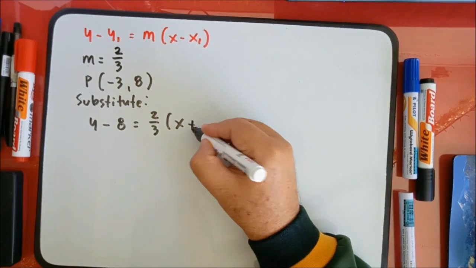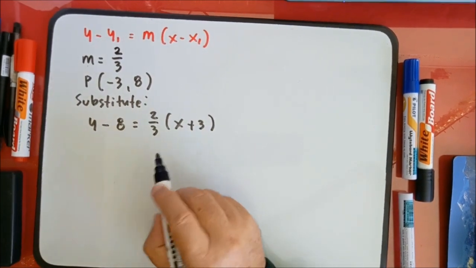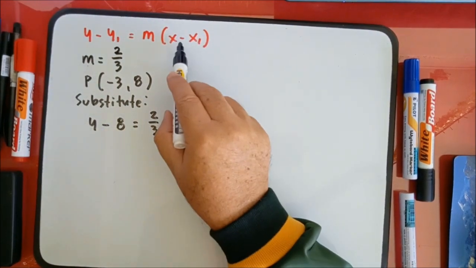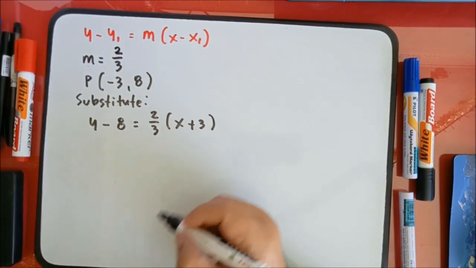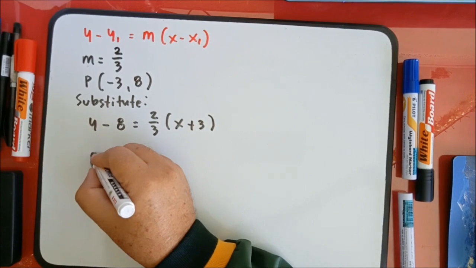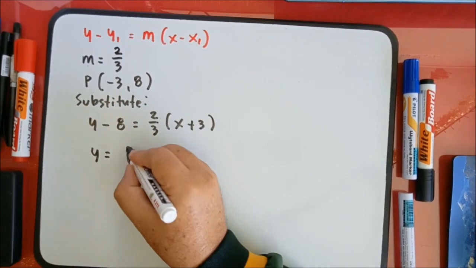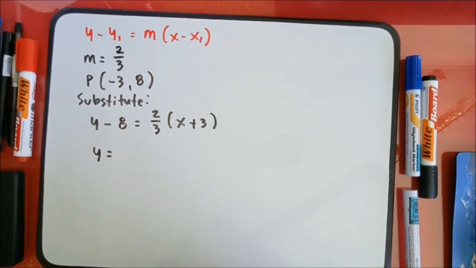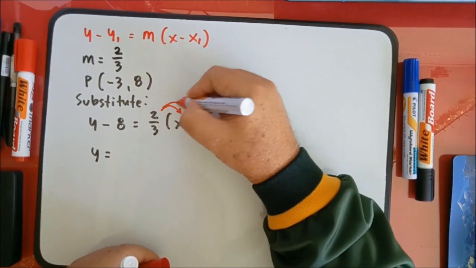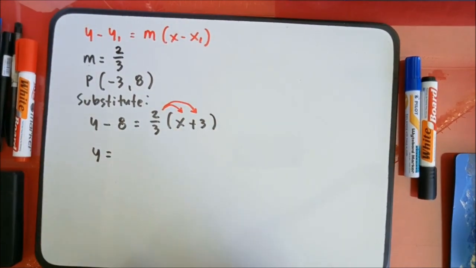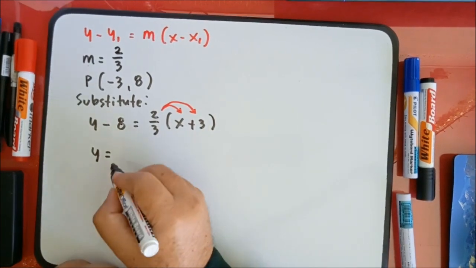Negative 3. So this will become positive. Negative times negative will become positive. So, naging positive 3. Okay, so your slope-intercept form will become what? Substitute. Distribute.